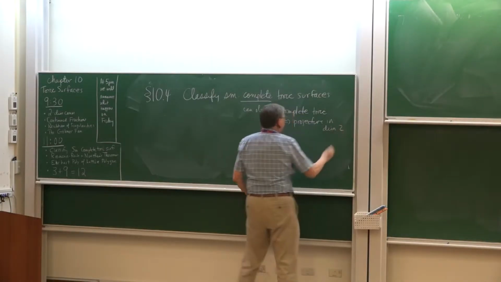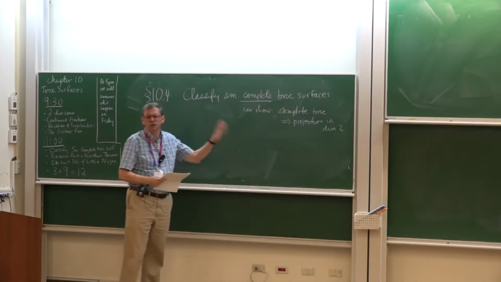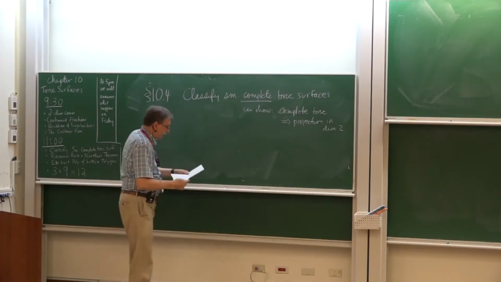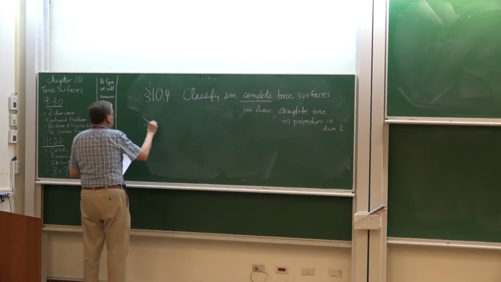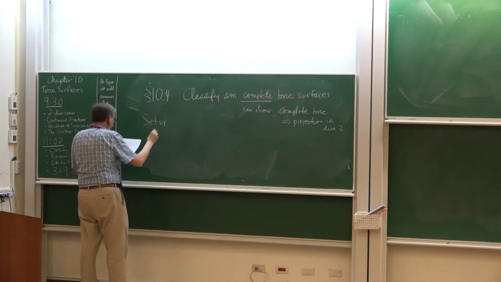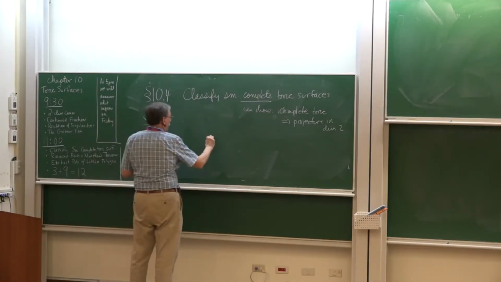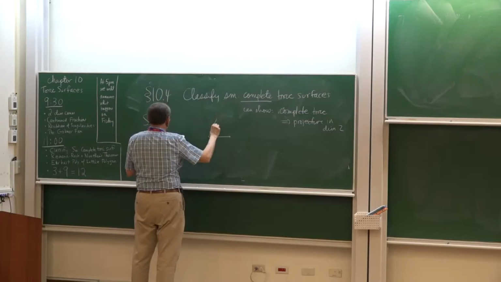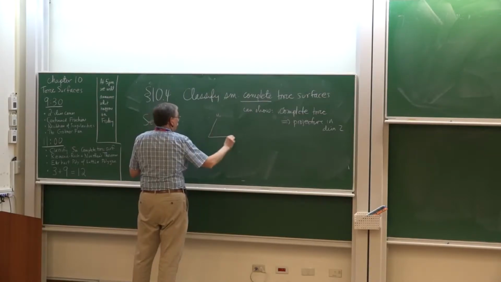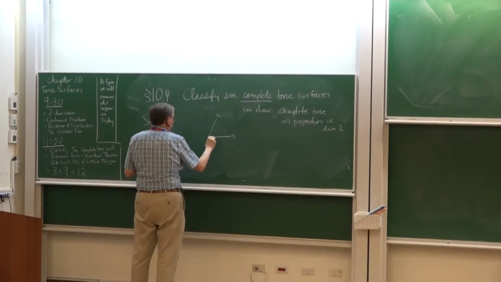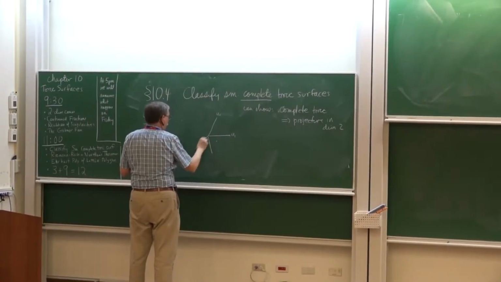So like I say, in dimension 2, if you're complete and toric, you're automatically projective. And so the setup for our fan is that we have U0, U1. Then we go around.